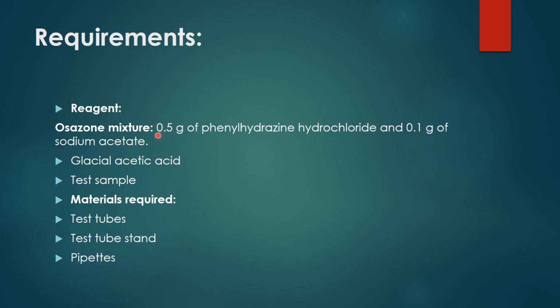So this is the reagent: phenylhydrazine hydrochloride and sodium acetate. And also the other materials and chemicals: glacial acetic acid and the test sample. This is the sample we will test.